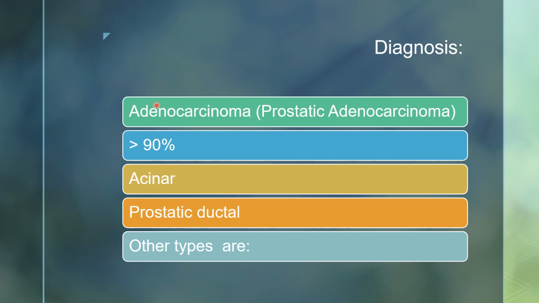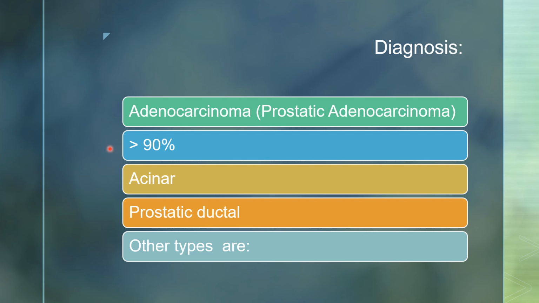So adenocarcinoma is from the glandular epithelial cells of the prostate. Here, prostatic adenocarcinoma will account for more than 90%. In fact, some authorities will put it at 95, others will put it at 99.